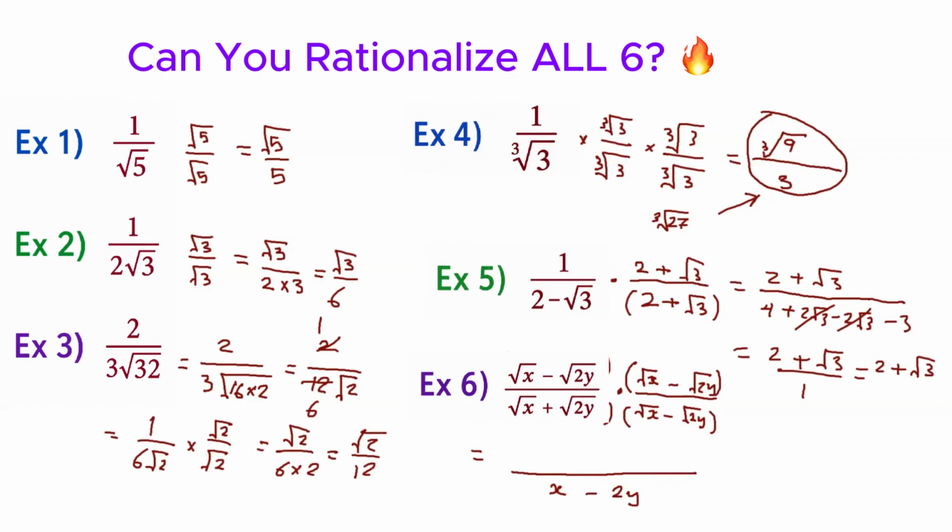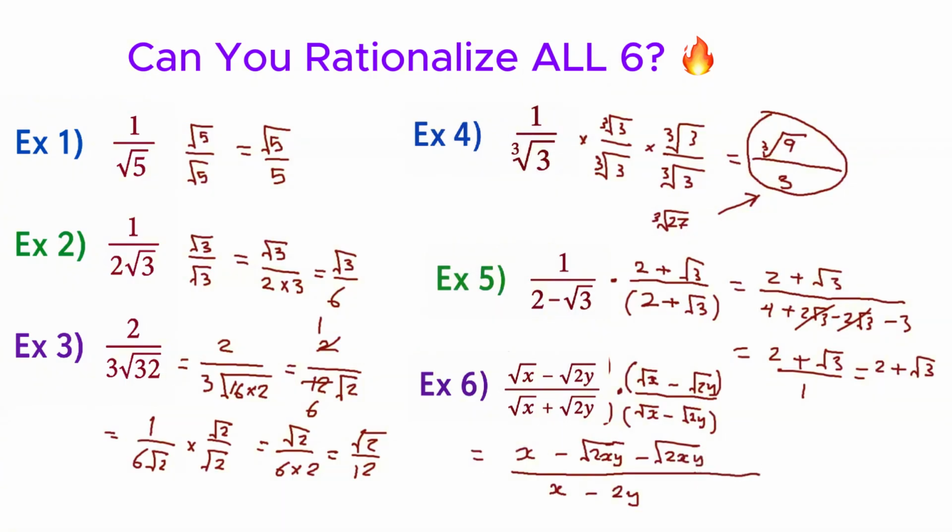The top, however, you cannot say, oh, I'm going to do that shortcut. You can't because these are the same signs. So here you're going to go root x times root x, which is x. And then root x times negative root 2y, that's going to give you negative root 2xy. And then again, the same thing here. So you're going to get minus 2 root 2xy, sorry.